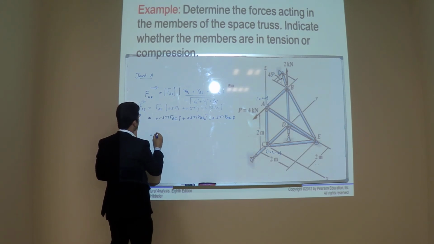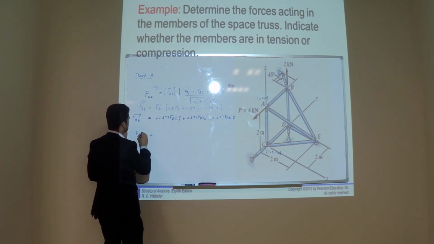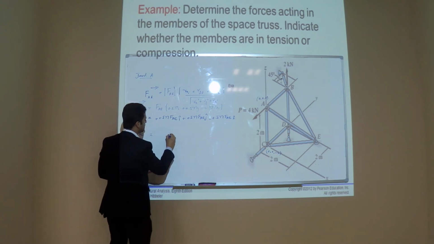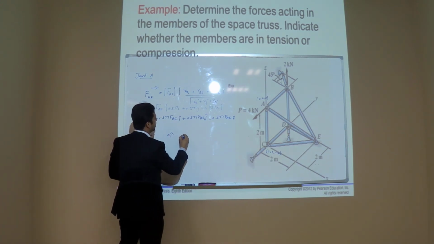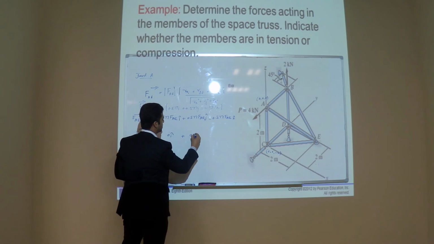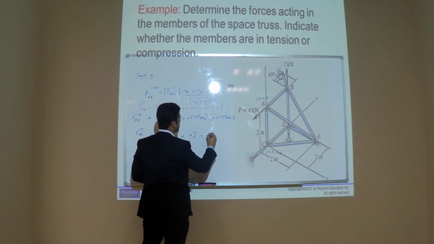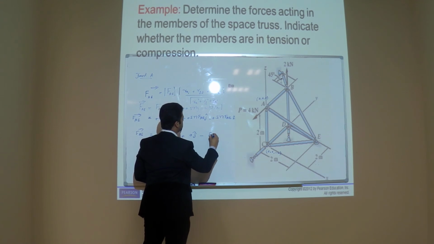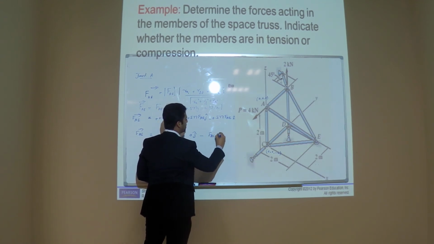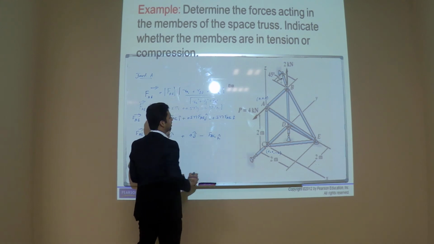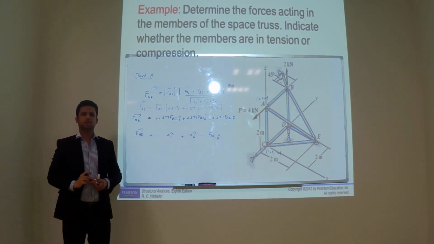Rx will be 0i plus 0j, so it will be minus k. If you multiply the magnitude, that's all.